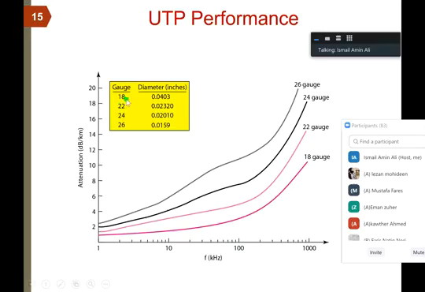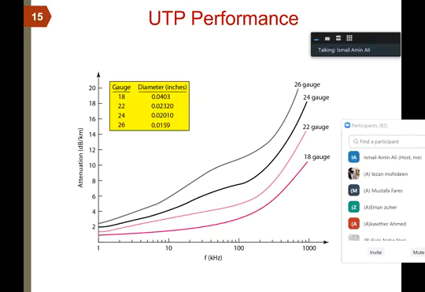So gauge 18 is, you see, this is gauge 26. When the number goes higher, the thickness is less, so the diameter is less. So gauge 18 is the thickest in this case. So gauge 18, of course, will give you less attenuation.